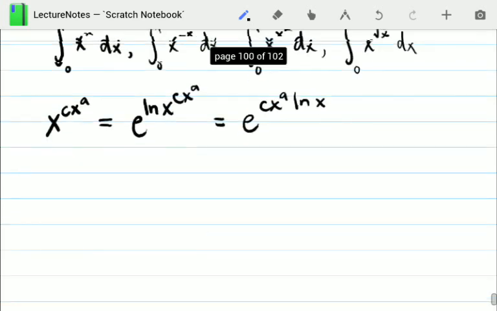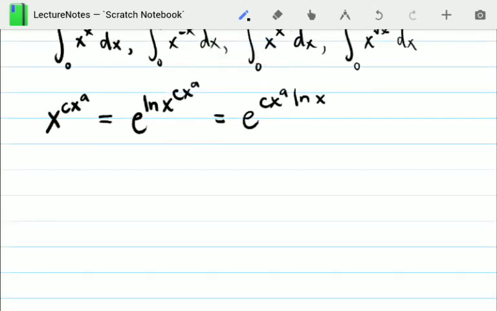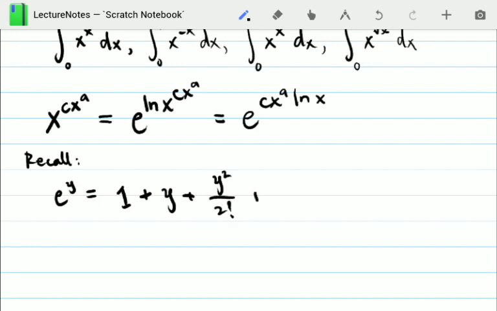Now that we have that, we will be using a very important series expansion for the exponential, e to the y. You can always write that in series form, and that is given by 1 plus y plus y squared over 2 factorial plus y cubed over 3 factorial, and so on, all right?